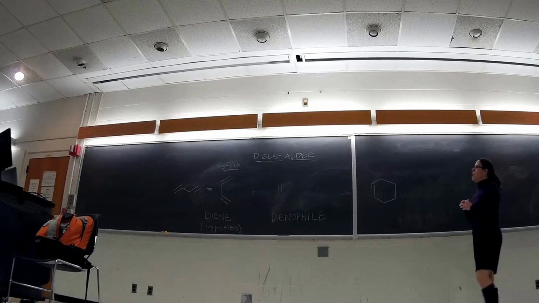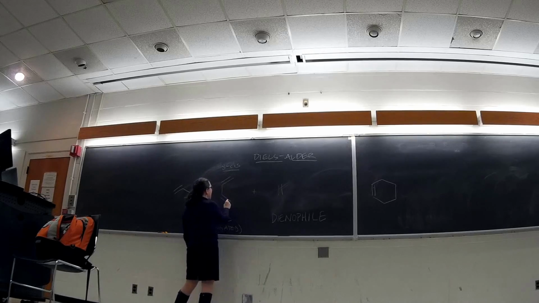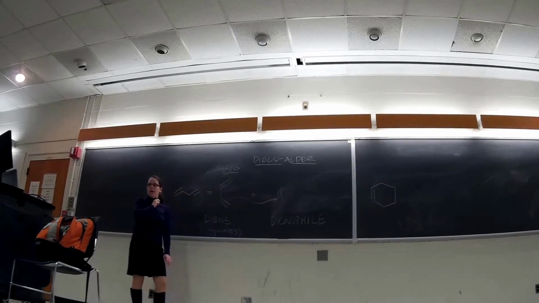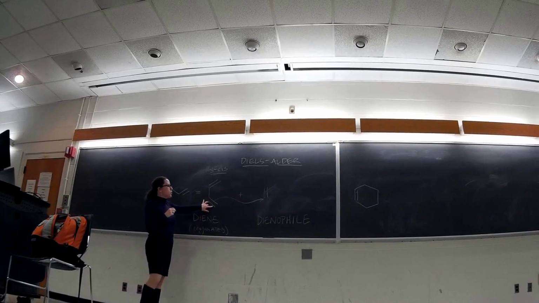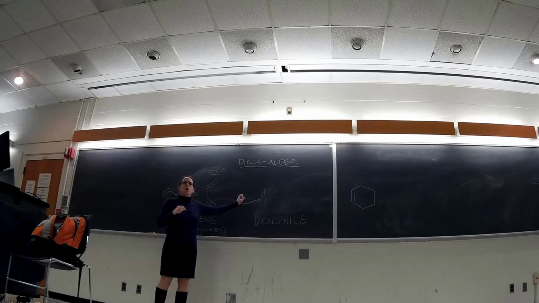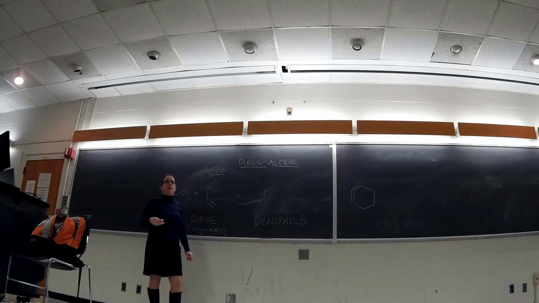Okay? So, what actually happens is you see this pi bond donating a bond to one end of the dienophile. It's going to utilize its pi bond to make a sigma bond to one carbon of the dienophile. Okay? That carbon of the dienophile has to do something. It has to reorganize, right? Because it can't take 5 bonds.